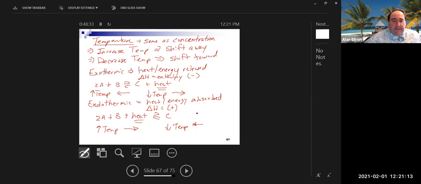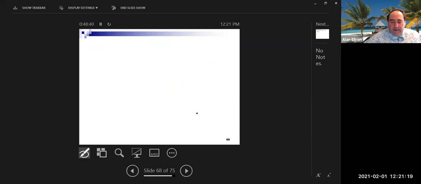As we talked about, changing temperature is really the only thing that will change the actual value of the equilibrium constant. The other thing you could do is add a catalyst. A catalyst is not a reactant. It's not a product either.